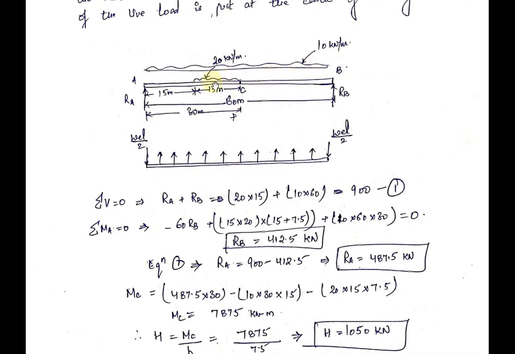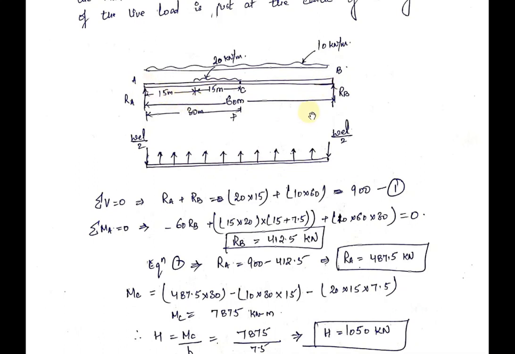If you see this live load 20, its length is 15, so 20 into 15 plus the dead load whose length is the full length, that is 60 meters, so 10 into 60. So this will give you 900. Just take it as equation number 1. Now take the bending moment at point A equal to 0. So if you take the moment at point A equal to 0, the first load is suppose RB.